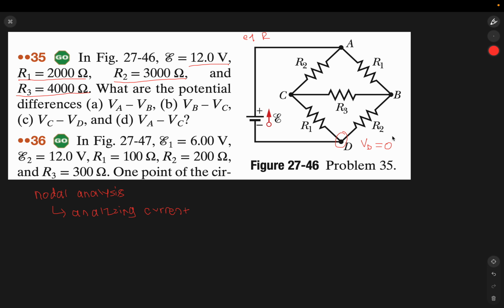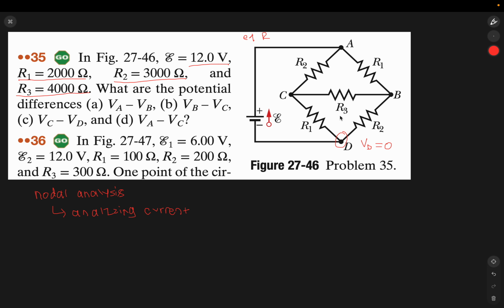If we look at our circuit, we have our battery, and our electromotive force is going to be going in this direction. It'll hit A first, so all 12 volts will be hitting junction point A, and from there the voltage will trickle down these different resistors and paths, and finally we'll get to point D. Point D is the last junction point before it goes back to the negative terminal of the battery. So naturally, it makes sense to set the reference node to be D.